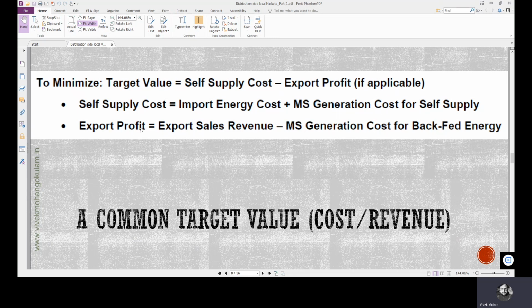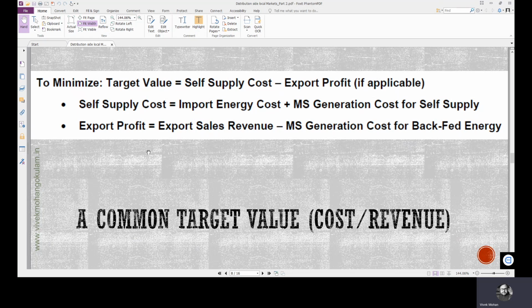Okay. Now, what is export profit? Export profit is export sales revenue, right? When the power is exported to the upstream grid, there is revenue. Then micro source generation cost for backfed energy. What is that? For local balancing, a proportion of energy from the microsource generation is used for local balancing, and the remaining is used for backfeeding to the upstream grid, right?